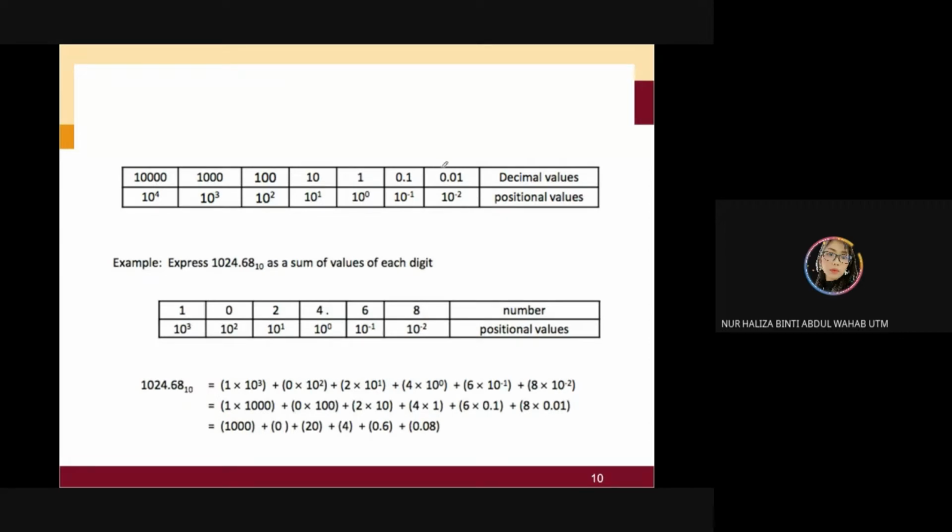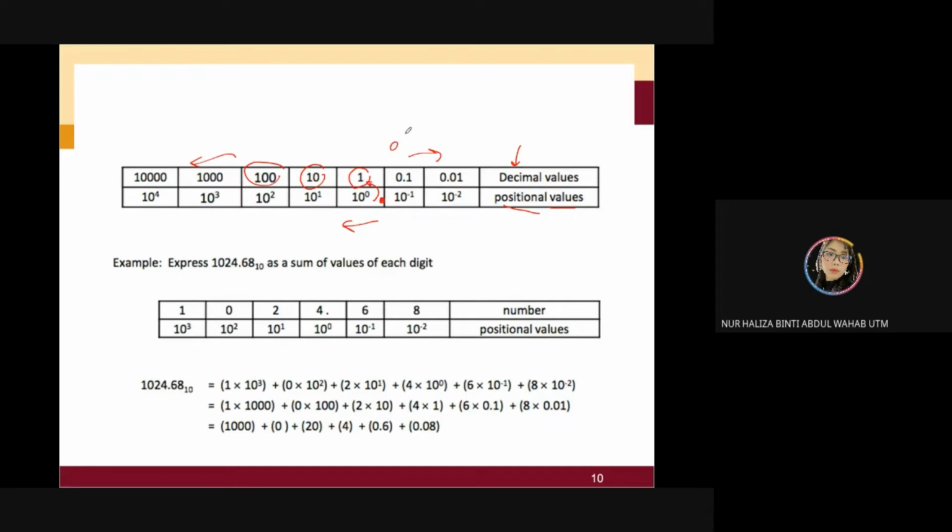So you're going to see that you have the decimal value, but in terms of positional value, which I normally use, which is 10 to the power of 0, 10 to the power of 1. So basically, if you convert it directly, you will get 10 to the power of 0 will be 1, 10 to the power of 1 is 10, 10 to the power of 2 is 100, and so on.